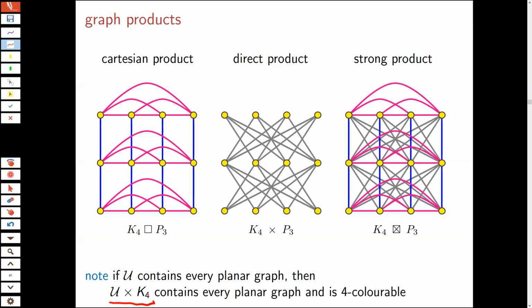Because if you give me a planar graph G and then I know it's 4-colorable, I can use that 4-coloring to map the vertices of G into this product U times K4. But U times K4 is still 4-colorable because the chromatic number of a direct product A times B is at most the minimum of the chromatic numbers of A and B. So this is an easy way to get a graph that satisfies desirable property 1, because that was 4-colorability. Now you can easily do this just with the direct product. So property 1 is actually very easy to achieve.